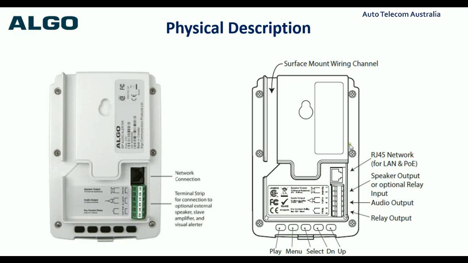One of the key things is that once you plug this into the network, it's a DHCP deployment by default. So there are two ways you can find the IP address. Number one, there is some software called the Algo Locator, which will scan the entire customer's network, find all the Algo products that are there, and give you the IP address. The other way, if you've just plugged it in, is to press this menu button three times, and the unit will talk to you every time you press it.